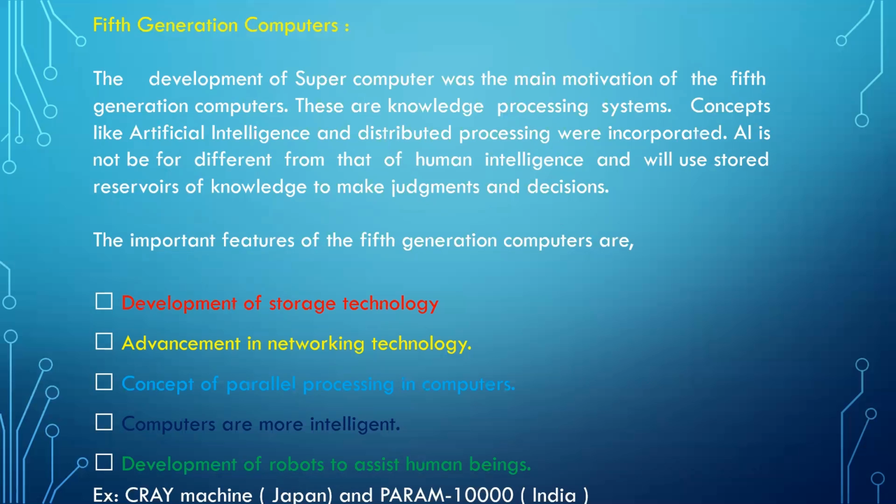These are knowledge processing systems. 5th generation computers are knowledge based systems. That's why they call these knowledge processing systems. Thus concepts like AI, that is artificial intelligence, and distributed processing were incorporated.